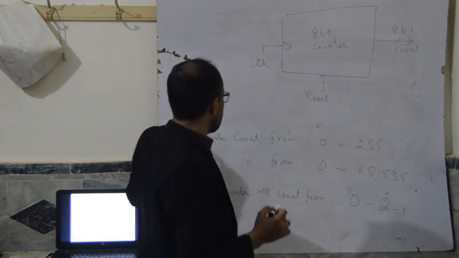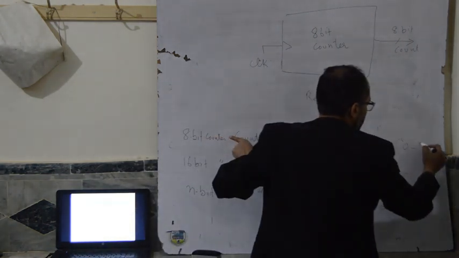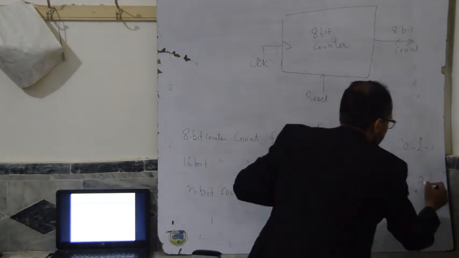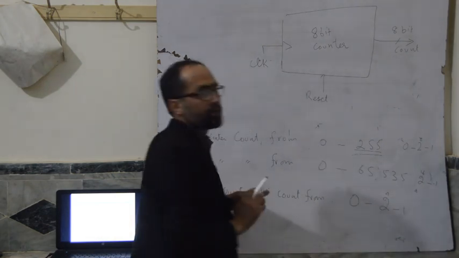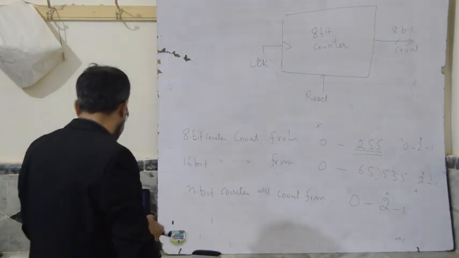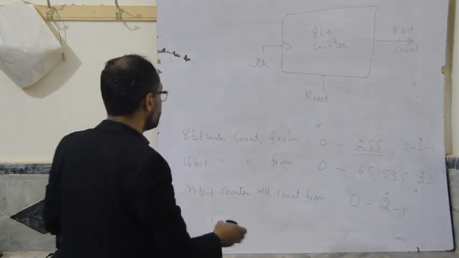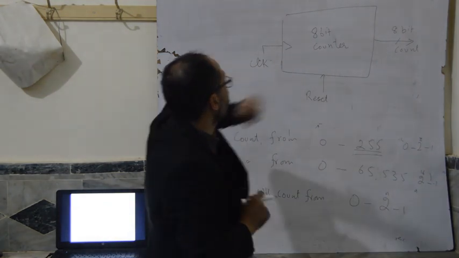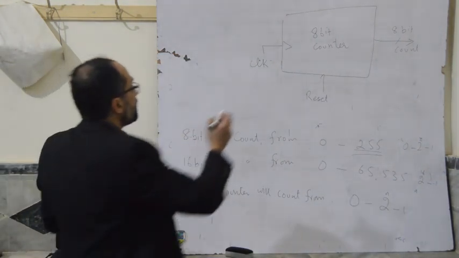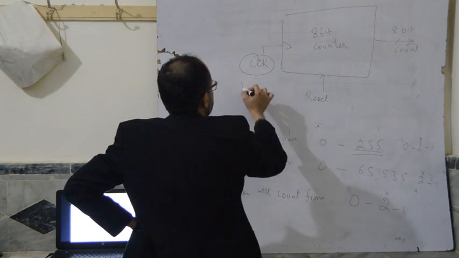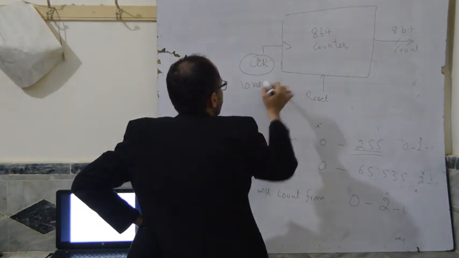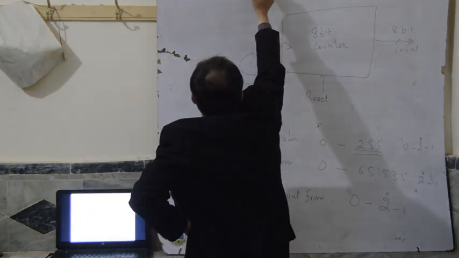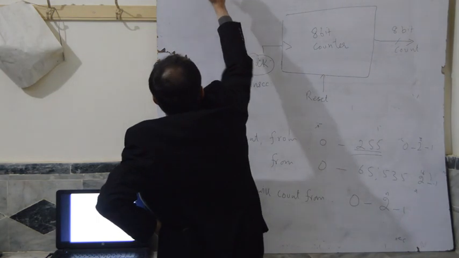So if we put 8 here, it will be 0 to 2 raised to power 8 minus 1, which is equal to 255, and similarly 2 raised to power 16 minus 1 is equal to 65,535. Now let's assume that because this counter counts the clock pulses, if the duration of the clock is 10 nanosecond, it can count from 0 to 255. So this is the minimum count.